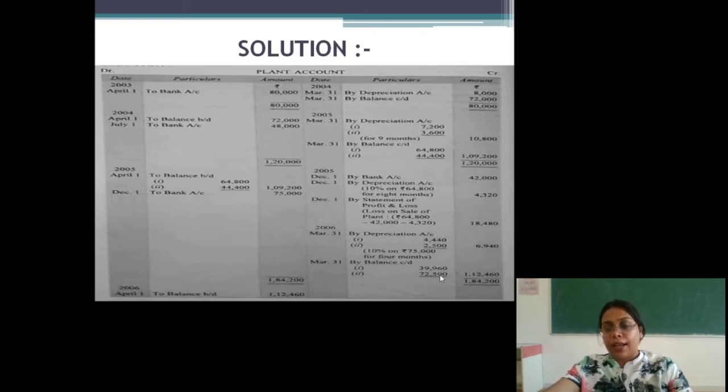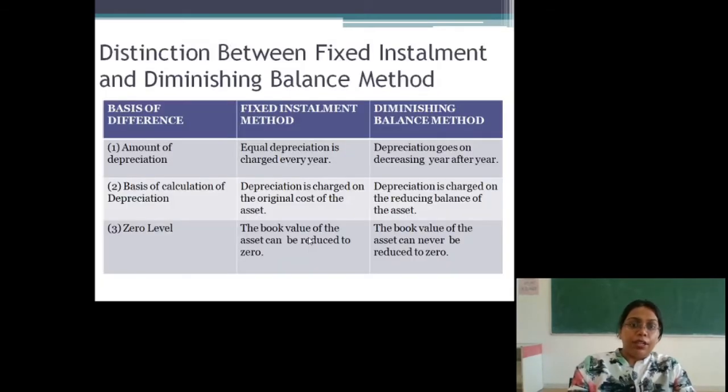We'll get 39,960 and 72,500. We'll total this and again bring down this amount to next year, that is 2006. So this was the question, in case we have more than one machinery and we are selling and purchasing machinery.